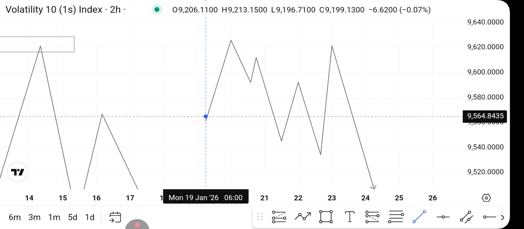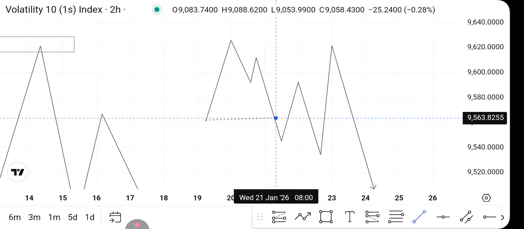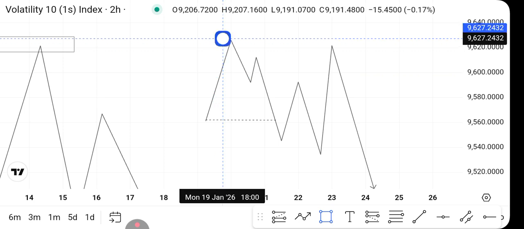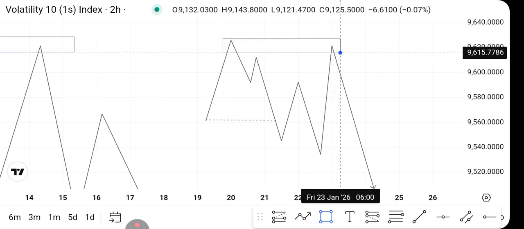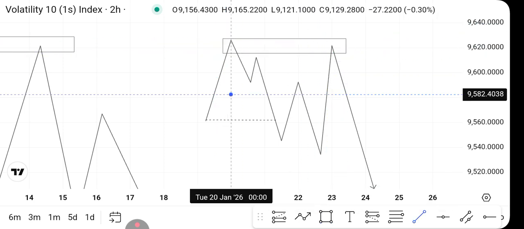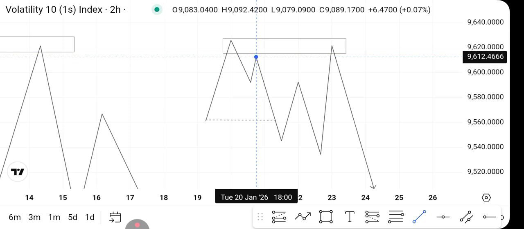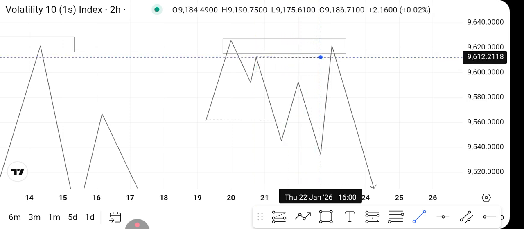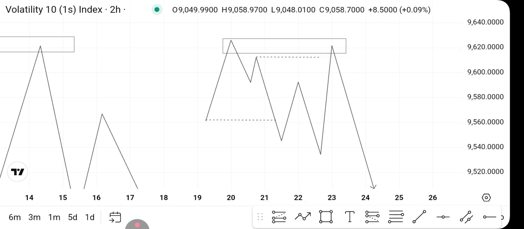Now, this is the main break of structure here, and this is the origin that created the main break of structure. This is what you call inducement, the first pullback that the market makes before the major break of structure and after the internal break of structure. Are we getting? It's as simple as that.